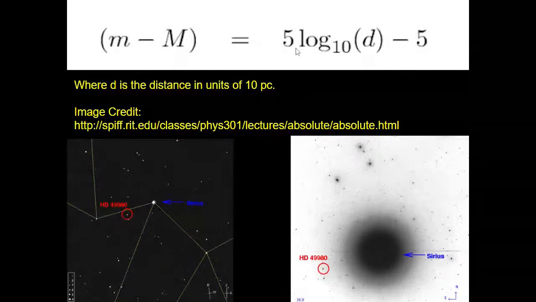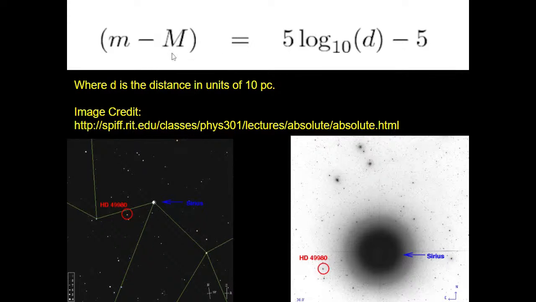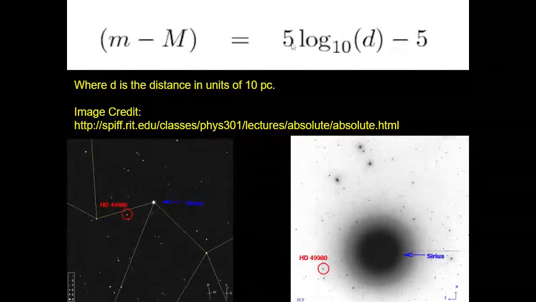The distance d is in unit of 1 parsec. So again, let me repeat, because there's a typographical error. The apparent magnitude small m minus absolute magnitude capital M of an object is 5 times log base 10 of distance in units of 1 parsec, minus 5.